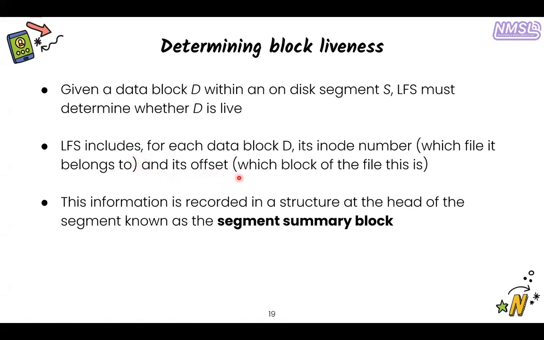And its offset, which block of the file this is. This information is recorded in a structure at the head of the segment known as a segment summary block. So for each segment, there's a little bit of overhead, right? I'm gonna put it at the top, like a header, saying, hey, this is a summary.